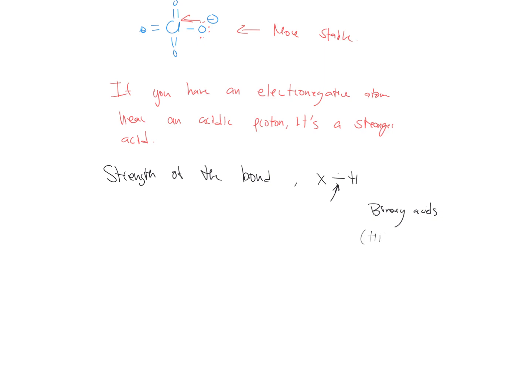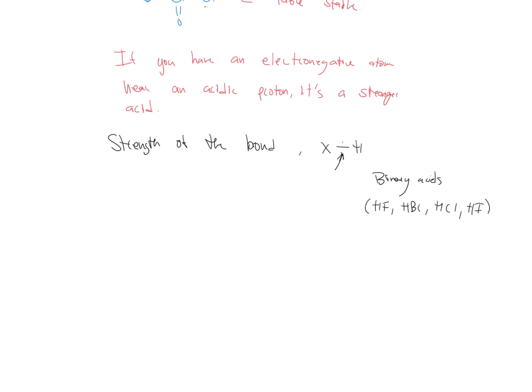So think, right, HF, HBr, HCl, HI. And the other thing is the stability of A minus, the conjugate base. So you normally want to think about this when it comes to most weak acids.